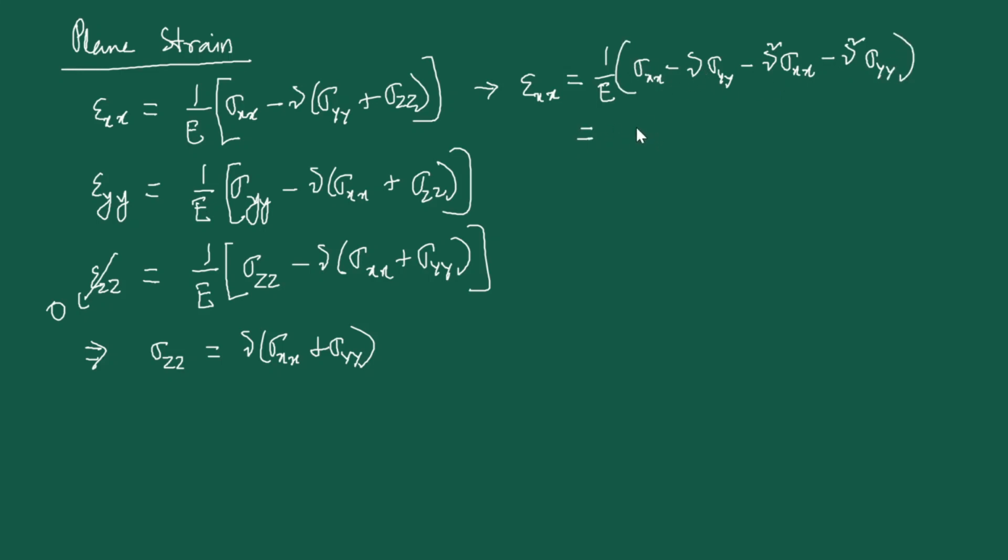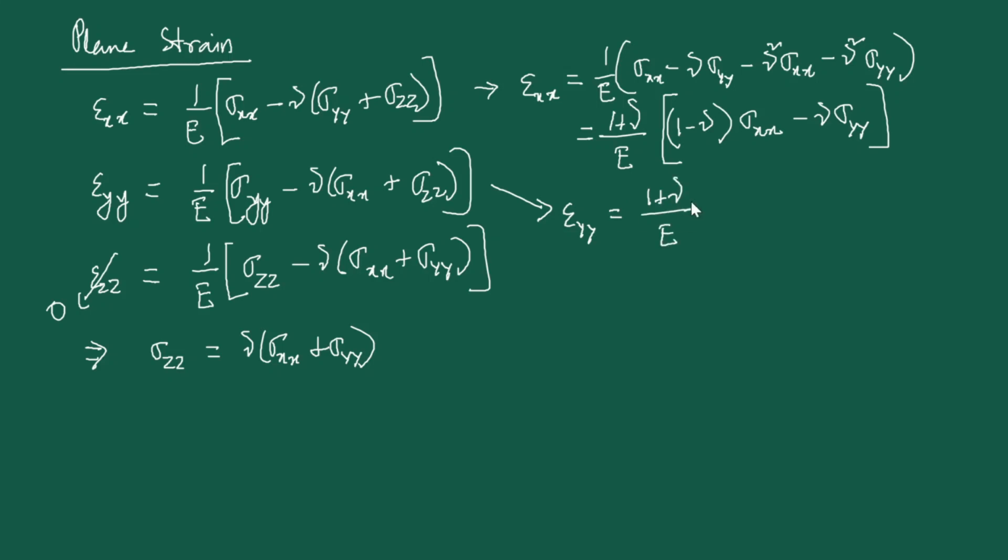And from that you can easily obtain that if you consider these two, this is 1 minus nu square sigma xx, and this is nu plus nu square sigma yy, so you get a 1 plus nu common out of this, and what remains inside is just 1 minus nu times sigma xx minus nu sigma yy. In a similar fashion, from this relation you will have epsilon yy is equal to 1 plus nu by E, 1 minus nu sigma yy minus nu sigma xx.